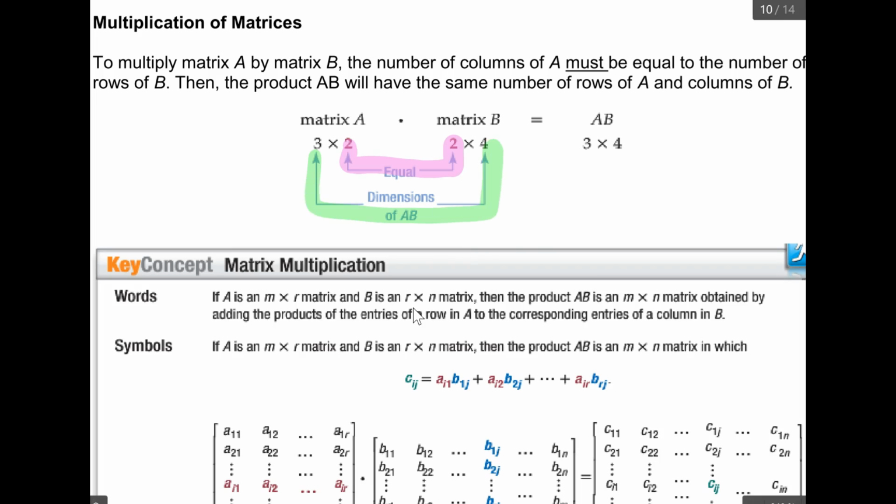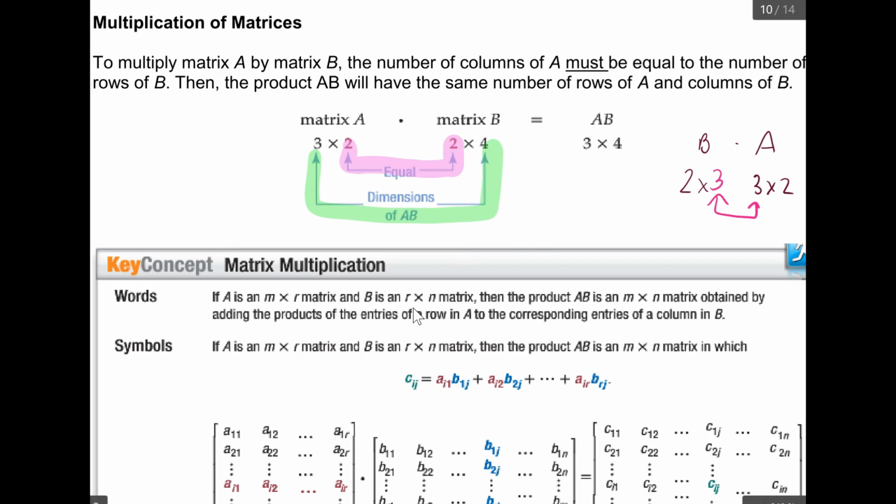What would happen if instead of A times B, I did B times A? If B is 2 by 4 and A is 3 by 2, remember, these two have to be equal. B times A does not exist because the number of columns of B does not match the rows of A. Instead, what if this was a 3 instead?